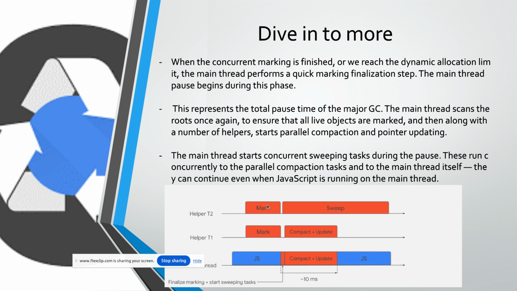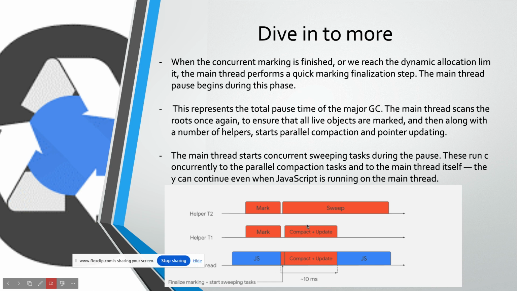The main thread begins a pause and scans roots again. That's called finalization marking, and along with it a number of helpers start parallel compaction and pointer updates.